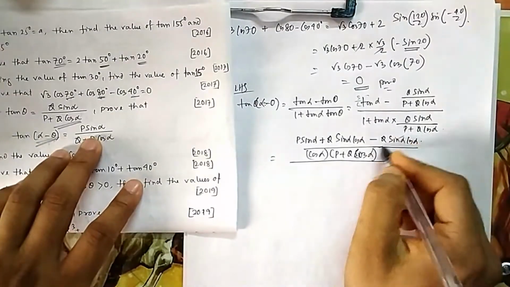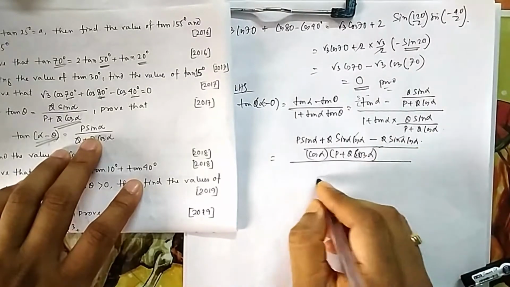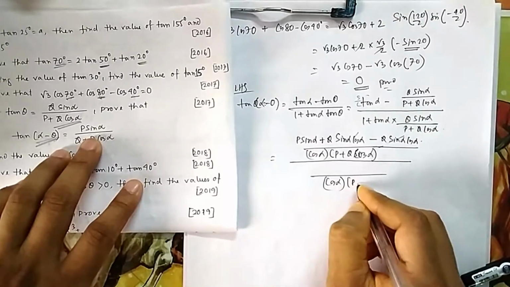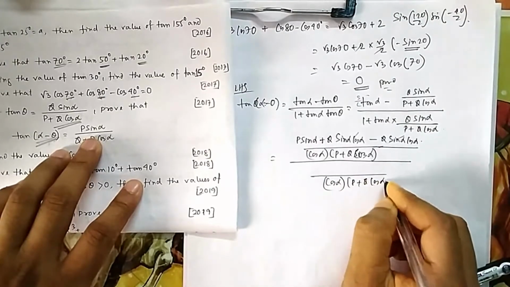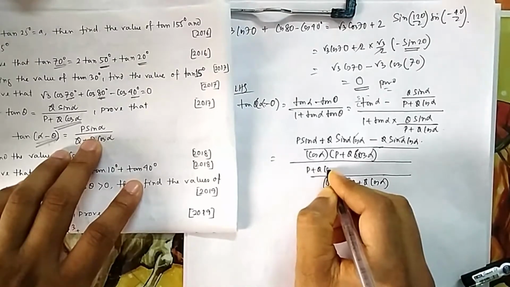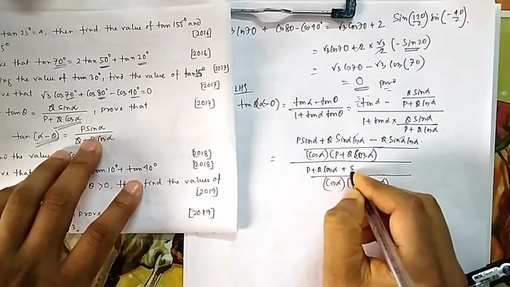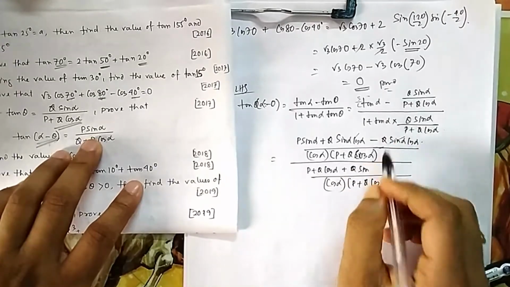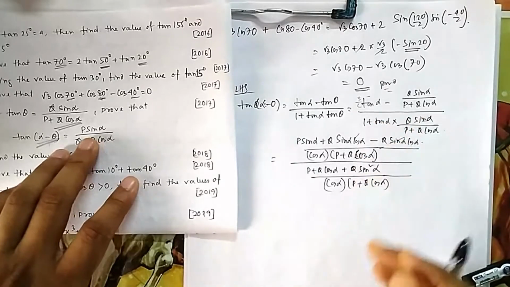Okay, so these will get cancelled. From here, if you write cos alpha, it will be the same LCM: cos alpha times p plus q cos alpha. So it will be p plus q cos alpha plus q sin alpha cos alpha, or sin square alpha. So sin by cos, q sin square.